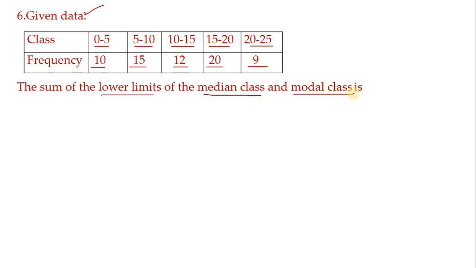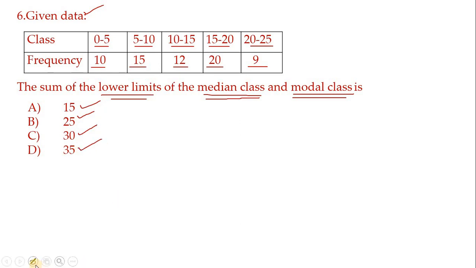They have given a table and they are asking to find the sum of lower limits of median class and modal class. Median class is related to median and modal class is related to mode. Hence we have to prepare a table. Before that let us see the options: 15, 25, 30, 35.